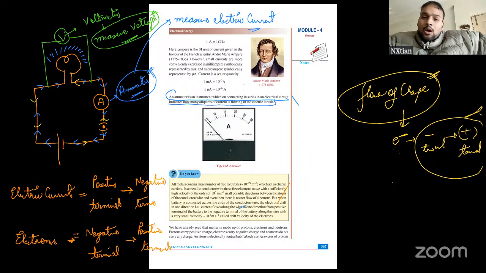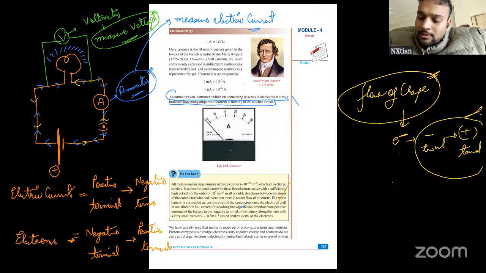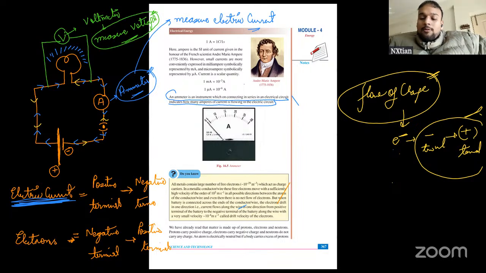Now one more thing. In a battery, you can see that this is a big bar and this is a small bar. The big bar represents the positive terminal and the small bar represents the negative terminal. That's why the blue line, which is the electric current, is moving from positive to negative. But the yellow bar, which is the electrons, is moving from negative to positive.